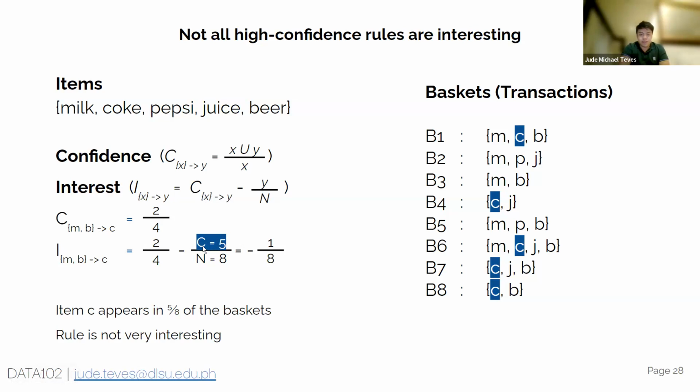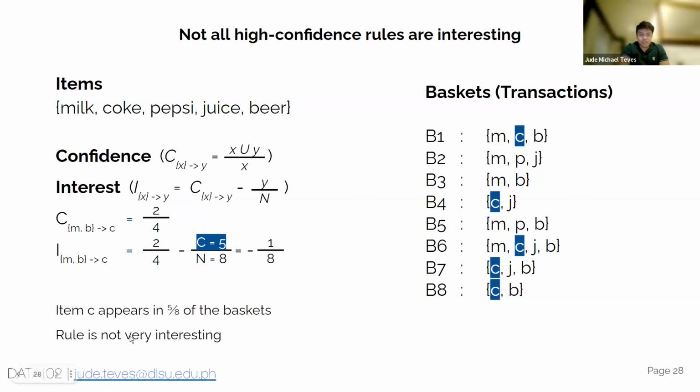So you can see that C here has a count of 5 because it appears in 5 baskets or transactions. And the N is 8 because that's the full data set. So we have 1/2 minus 5 over 8, which is equivalent to negative 1/8.